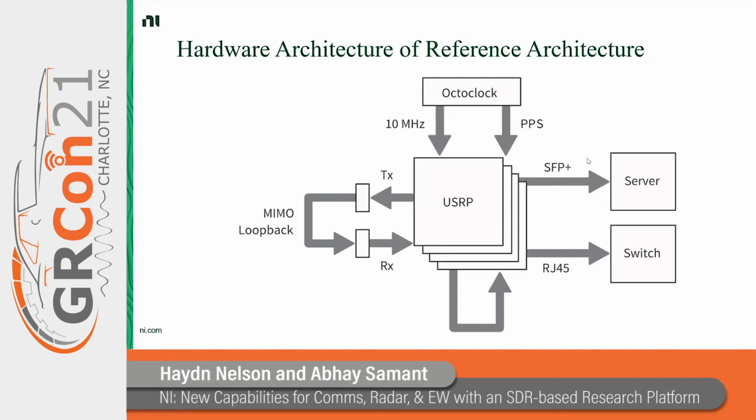We also share the clock and the reference signals, and that is also demonstrated as part of the reference architecture: what is the optimal location for these OctoClocks and what are the cables that you should be connecting between these different OctoClocks. The system instantiation that we have done is set up in a loopback fashion, where we use the generator on the USRP for generating the signal and then loop it back and do the analysis on that.